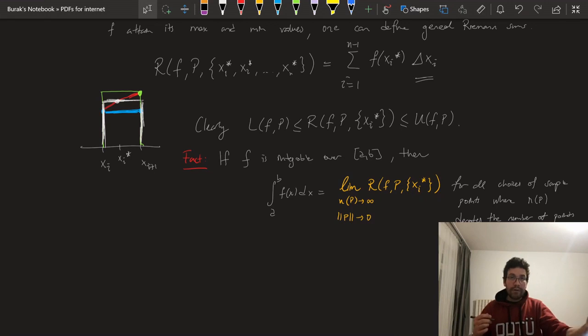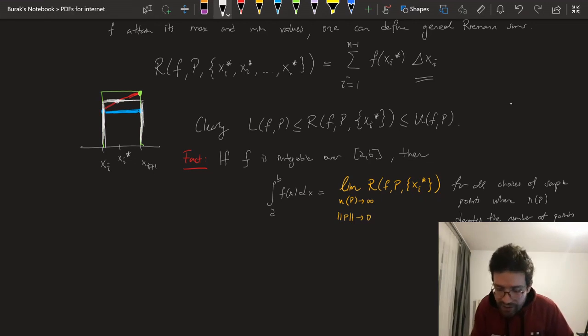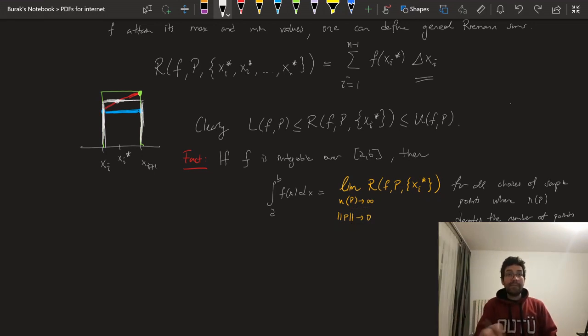Okay, compute another Riemann sum. Keep doing that. You're going to get numbers, and take the limit of these numbers as the number of points in your partition goes to infinity, and the maximum delta x goes to 0. Okay, so you're supposed to take the limit of Riemann sums as the maximum delta x goes to 0 and the number of points in your partition goes to infinity. If your function is integrable, then this limit will be the same as the integral.